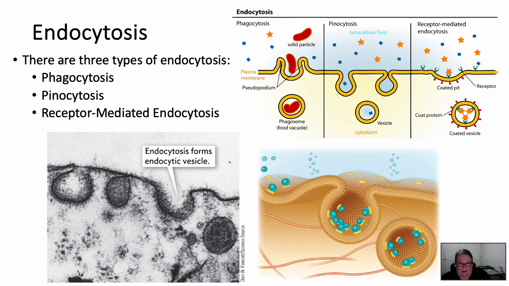And receptor-mediated means that the proteins in the membrane are going to trigger endocytosis. Pinocytosis is a way we can bring in little amounts of things, hence the cell sipping part. But what we really want to focus on is phagocytosis and receptor-mediated endocytosis.